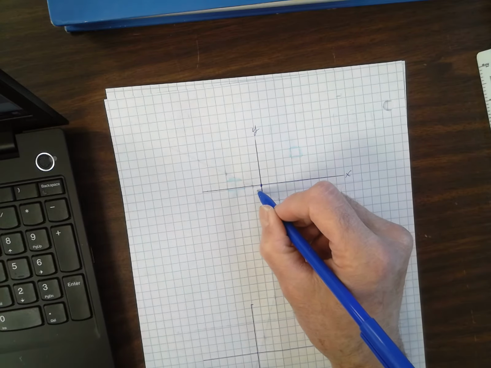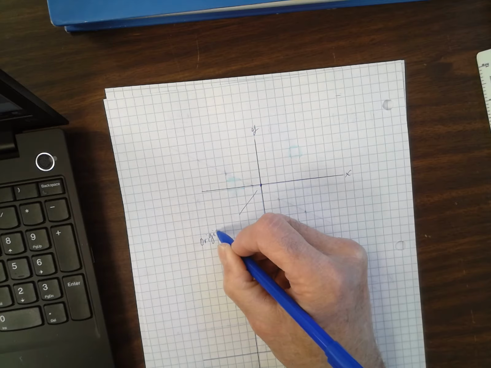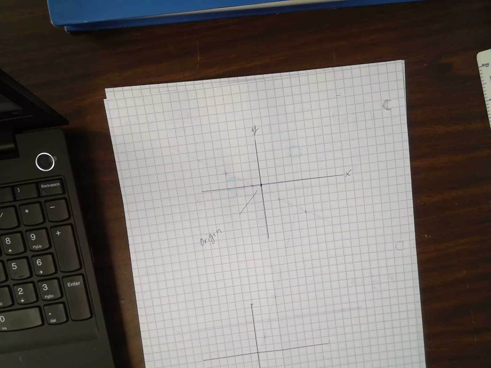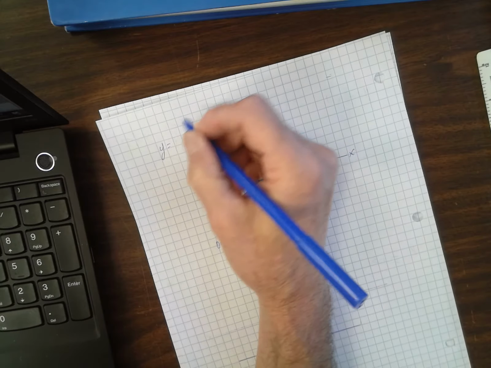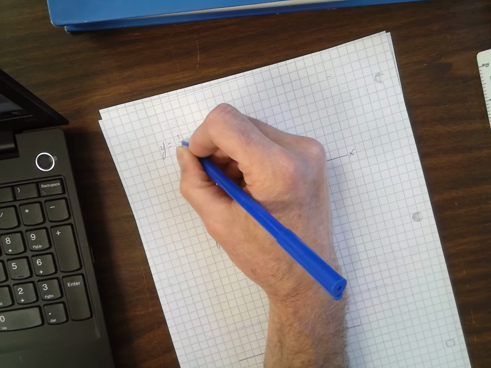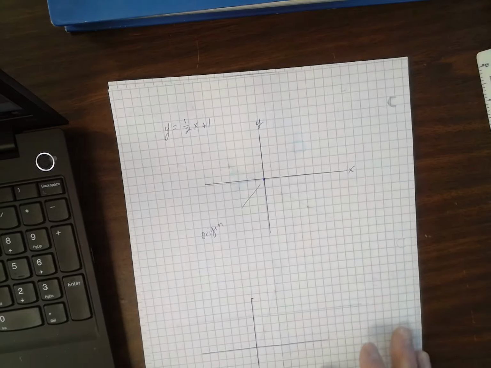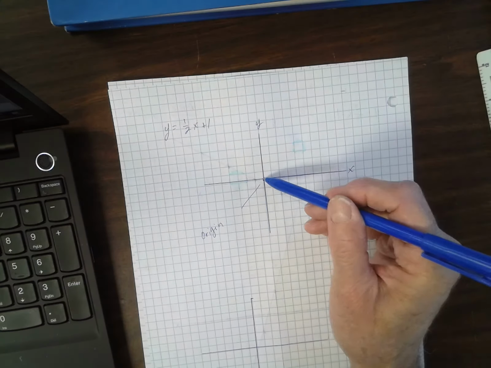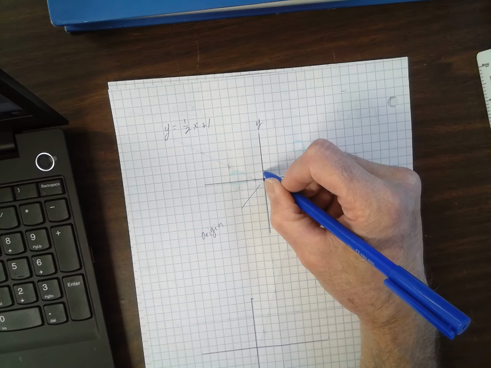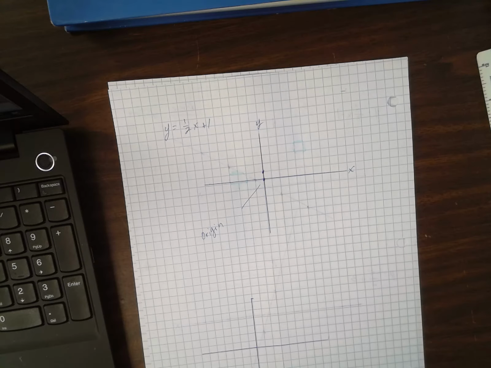So, our next graph is going to be y equals 1/2x plus 1. So again, we're going to start at the y-axis, 0 and 1. Our slope is 1/2.